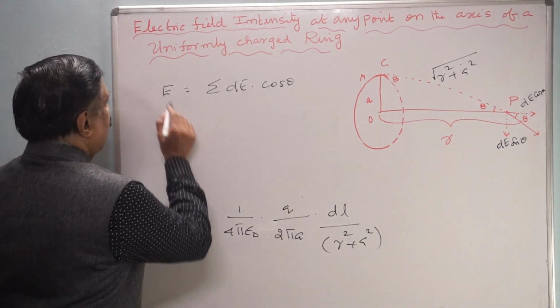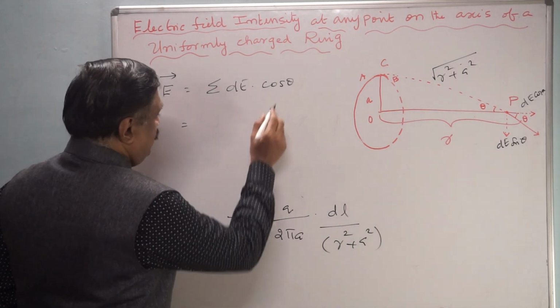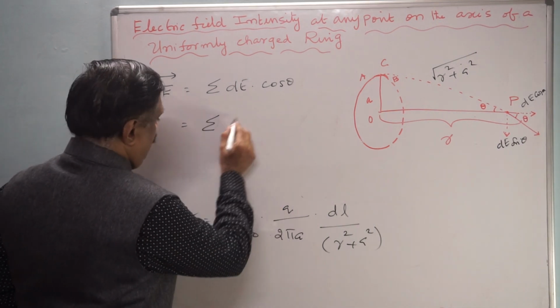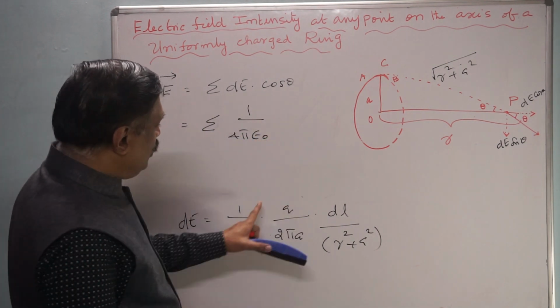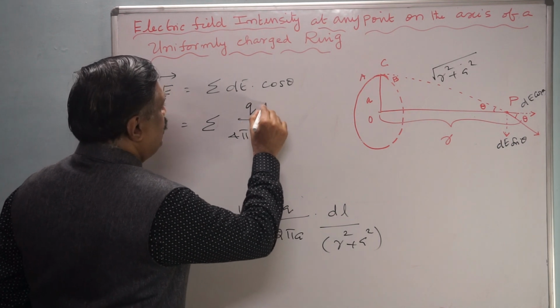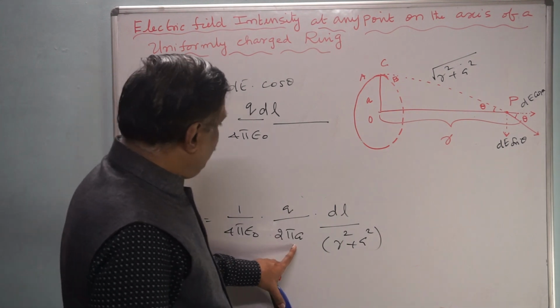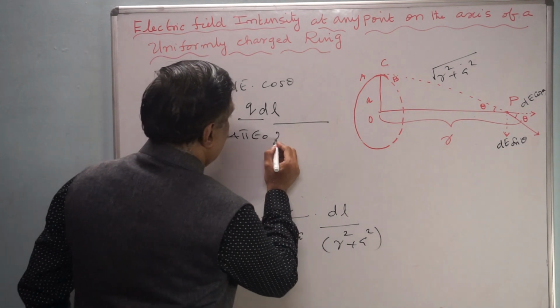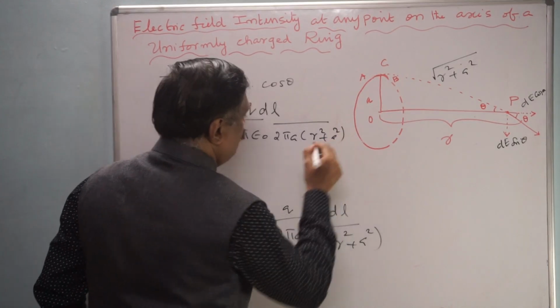Then E, you have to put as a vector always. And for dE you substitute 1 by 4 pi epsilon 0 q dl by (2 pi a)(r squared plus a squared).